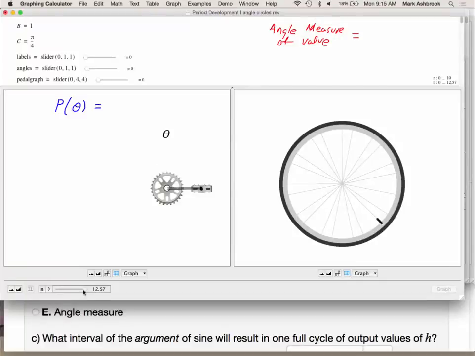So we want to write the angle measure of the tire valve in terms of theta. Equals what? It's up here. What do you think?